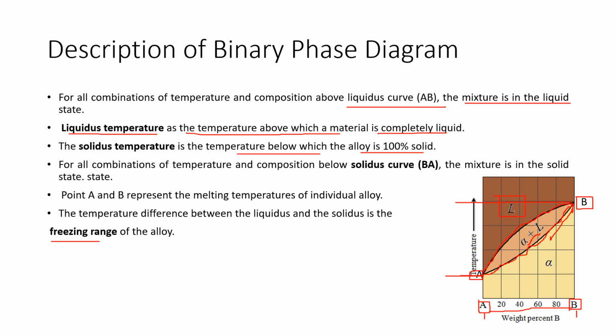So, for example, at 20, the composition of A is 80, while B is 20. At 40, A is 60 and B is 40. Similarly, at 80, B is 80 while A is 20. At point B, the composition of B is 100, while A is 0.